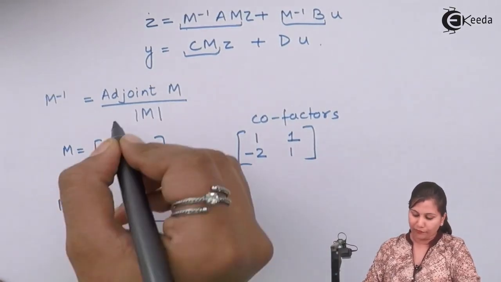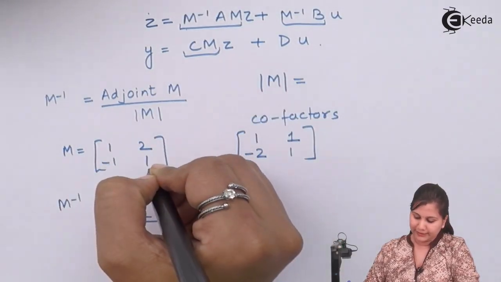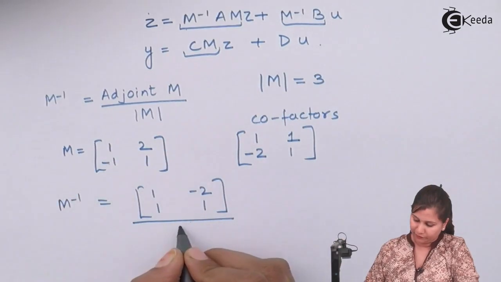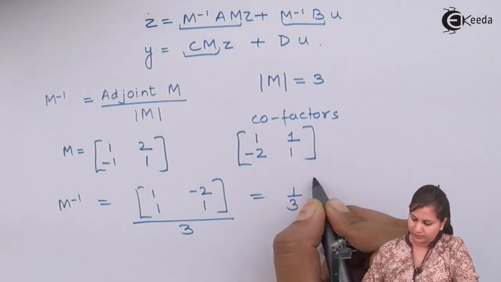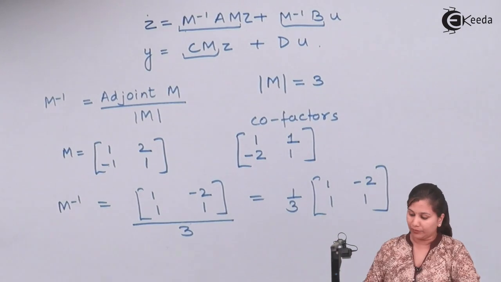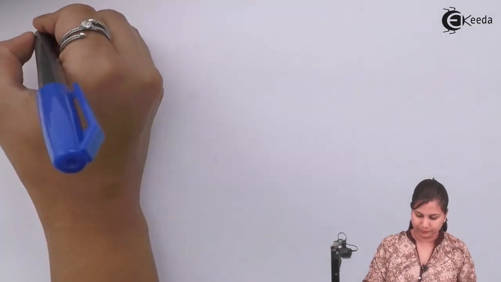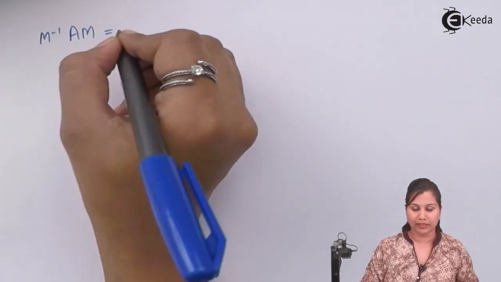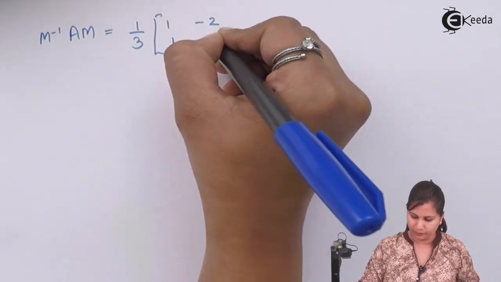Now determinant of the matrix M, we have to multiply this 1 minus minus 2, so it is 3. So we have written here 3. So M inverse is 1 by 3, 1 minus 2, 1 and 1. Now we are going to calculate M inverse AM. First we will write M inverse, which is 1 by 3, 1 minus 2, 1 and 1.